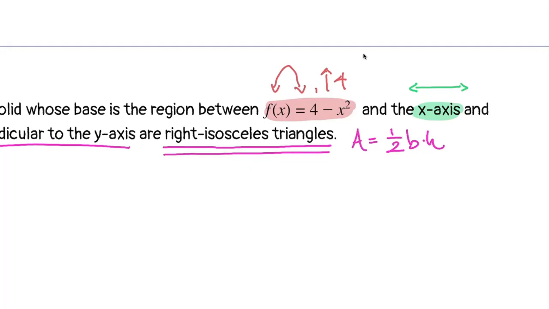Good, good. All right, so this right isosceles triangle, because it's isosceles, the base is going to equal the height, because we know that this is an isosceles right triangle. Well, sort of like our square, we can say that the base is the same as the height.